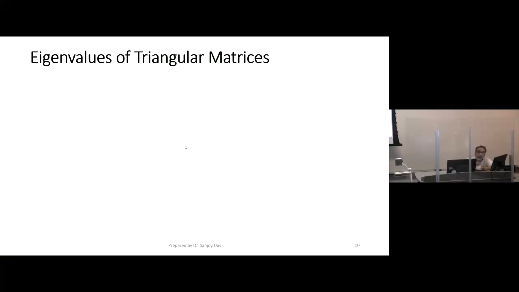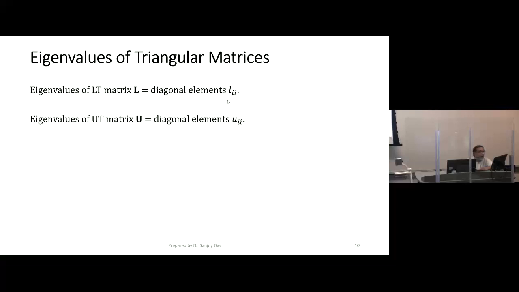Eigenvalues of triangular matrices. So the eigenvalues of a lower triangular matrix L are the diagonal elements L_ii. Likewise, for an upper triangular matrix U, the diagonal elements u_ii are the eigenvalues.